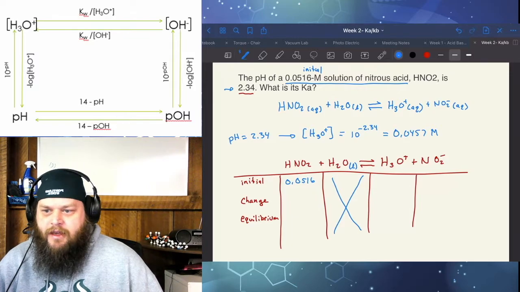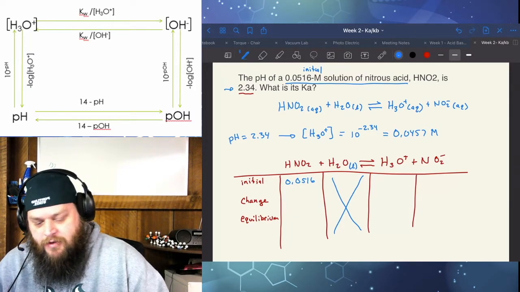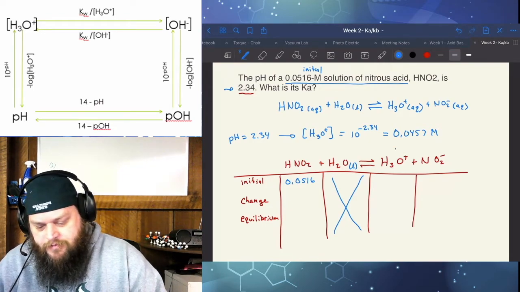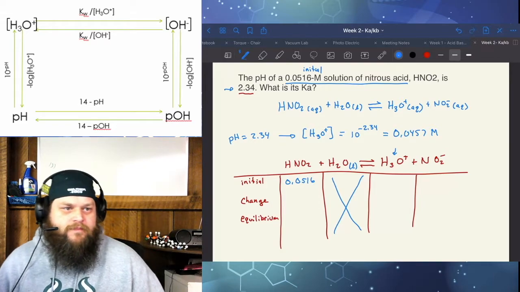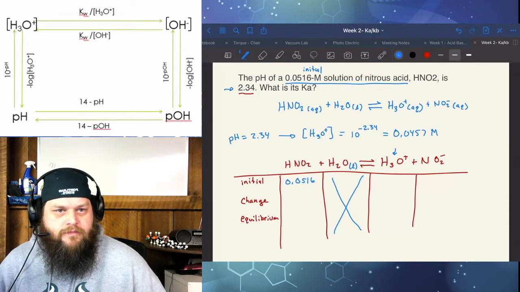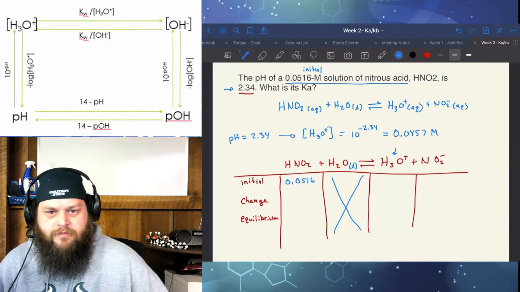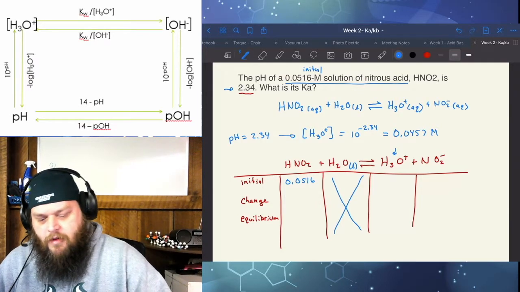What is the initial concentration of hydronium before any of that reaction happened? Zero, yeah.